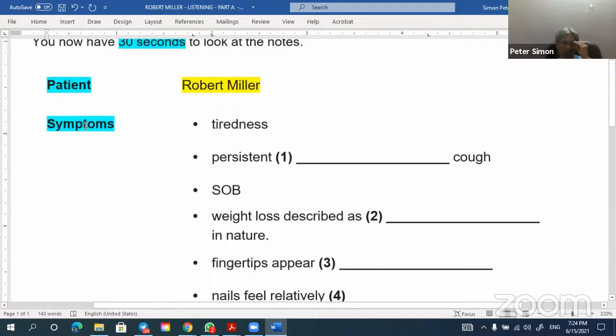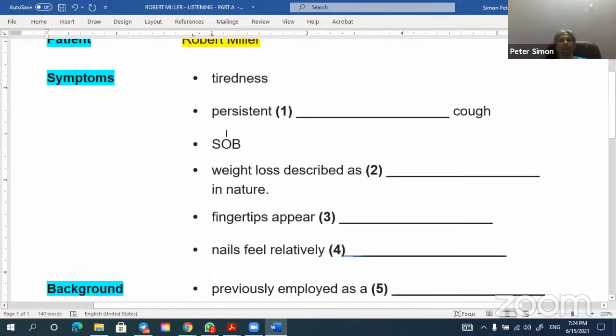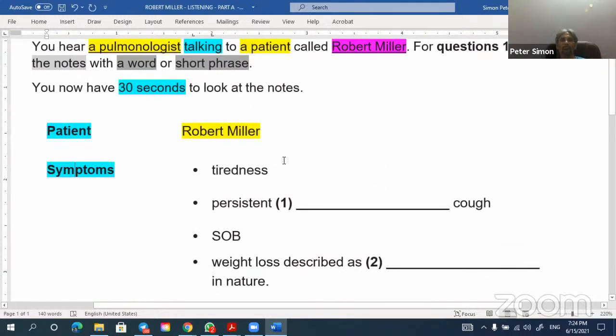Symptoms. Starting, everyone will talk about symptoms. So these are the symptoms. Who will tell these symptoms? Okay, the patient is telling his problems. So he's telling about the symptoms.